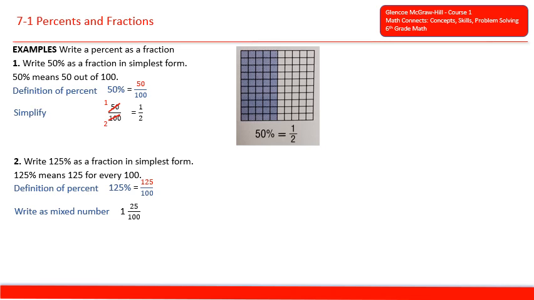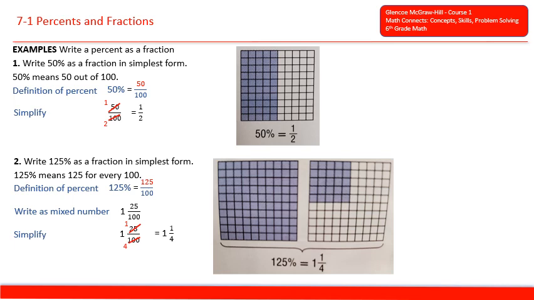So we're going to have 1 and 25 over 100 because we can take 100 out of the 125 to get 1, and then we have 25 left over for the 25 over 100. Simplify. We have 1 and 25 over 100, and our greatest common factor with 25 and 100 is 25. So we get 1 over 4, or 1 and 1/4.